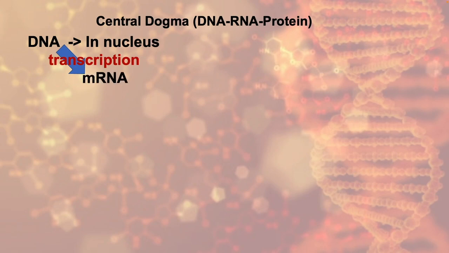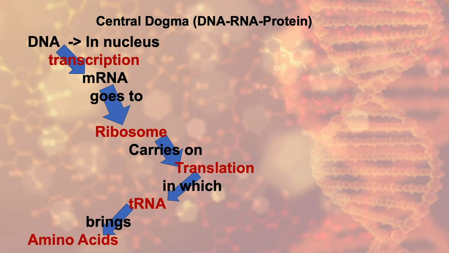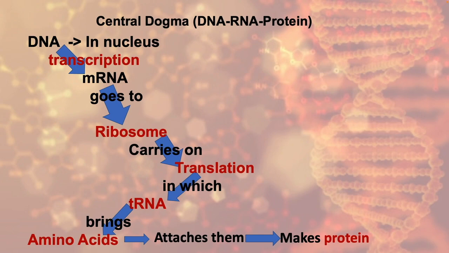The mRNA then goes to the ribosome, and the ribosome carries on translation. So transcription makes mRNA, translation makes a protein. During translation, the tRNA brings the amino acids and attaches them to make a protein.